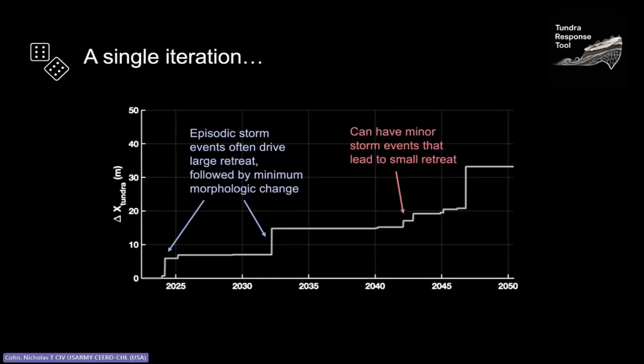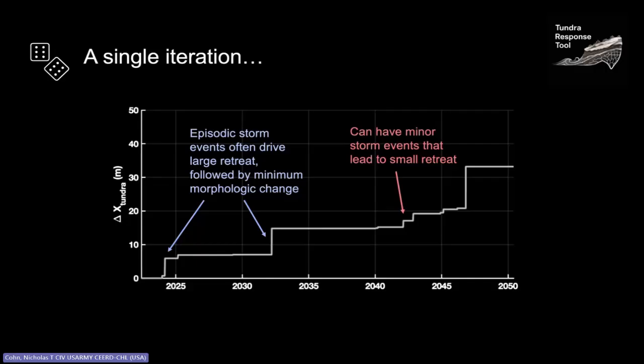So now that we at least see generally that this framework is recreating a lot of the expected response in terms of future waves and water levels, we can't validate all the behaviors, but we can spot check that it looks right conceptually. We can feed this into a morphological model.